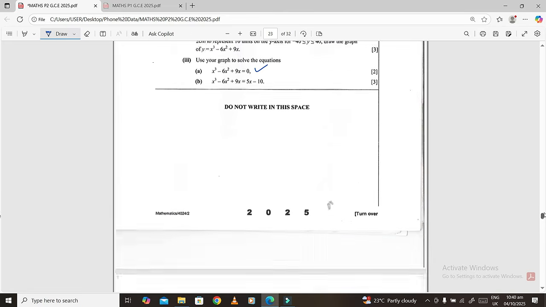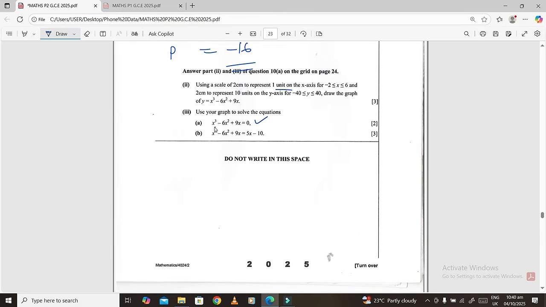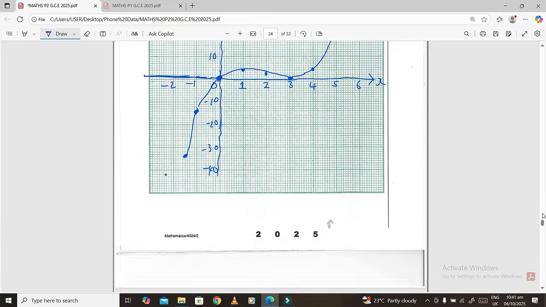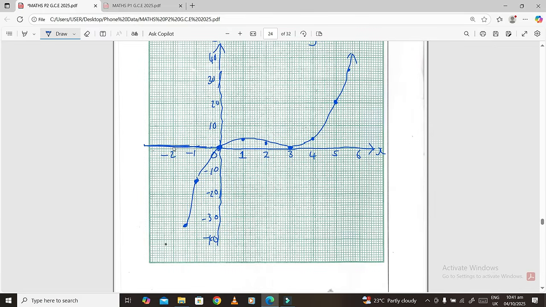So to answer this question, you're just going to say all this thing, it looks like the original. So you're going to call it y is equal to 0. Now you go to your graph, you draw your y is equal to 0 line like this. Okay, this is the y is equal to 0 x-axis, and see where this graph is meeting the y is equal to 0 line.